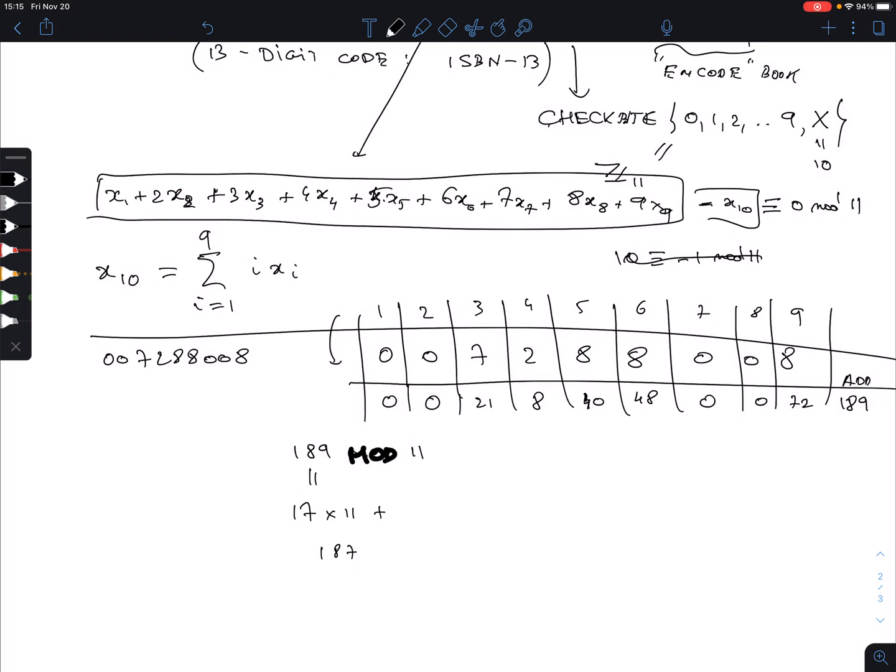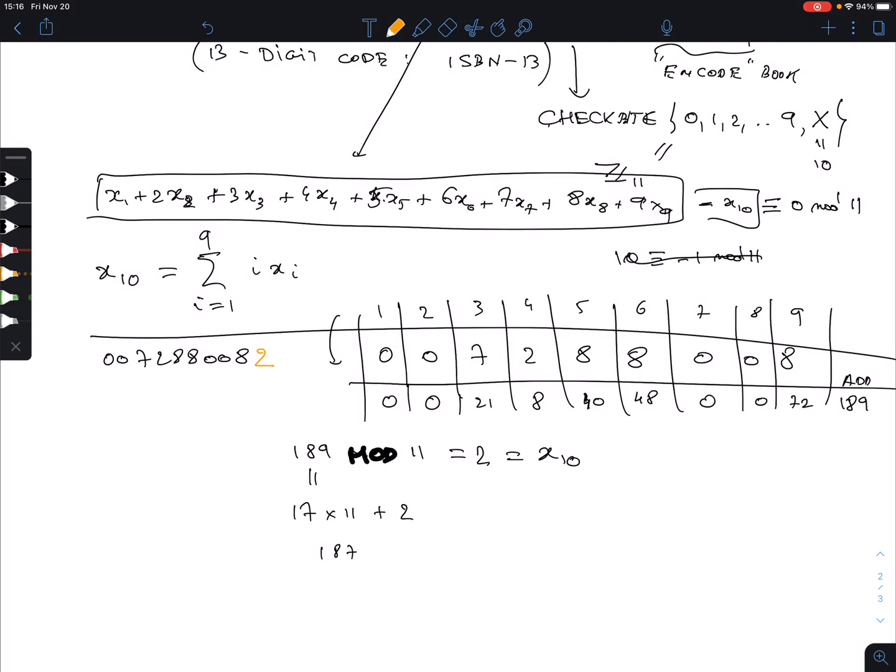Sorry, let me go back here. So plus 2, right? And so we see that this is 2. And that is therefore our check bit. So if I want to make this a valid ISBN code, I have to put a 2 here.